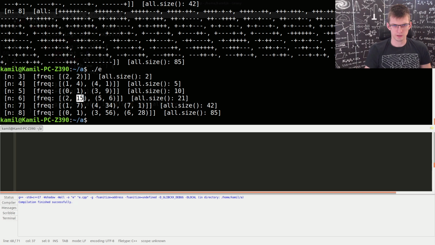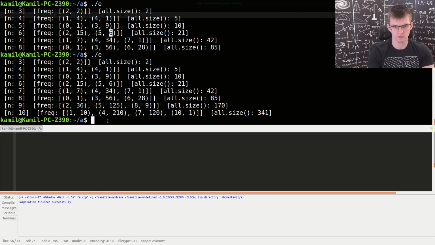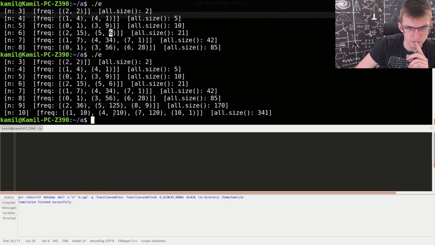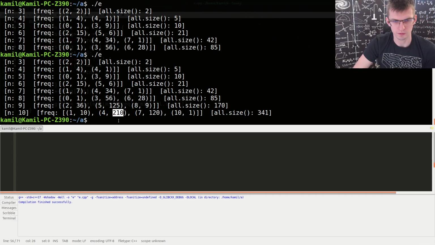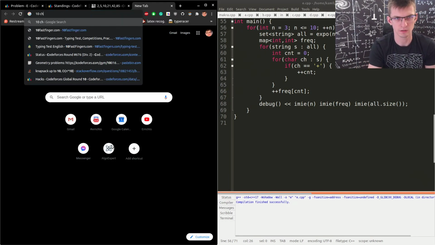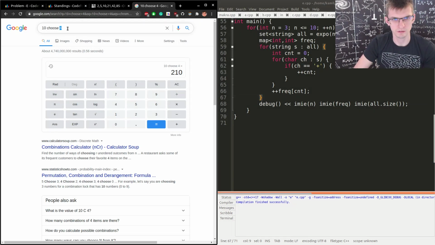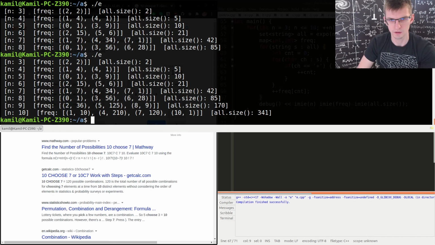Two occurs 15 times, 5 occurs 6 times. Let's do this. Okay, what is 4 pluses occur that many times? Is this just 10 choose 4? Yes. What about 10 choose 7? 120. 10 choose 1 is this, 10 choose 1 is this. So for 10, it just the number of pluses must be 1, 4, 7, or 10, no matter the order.